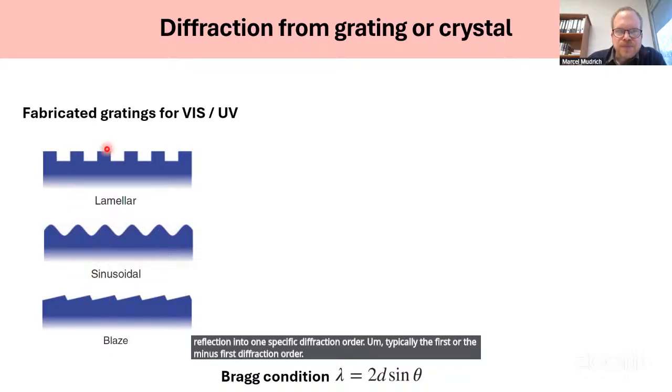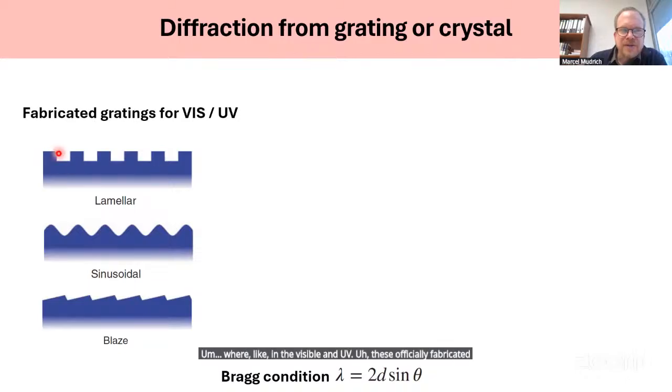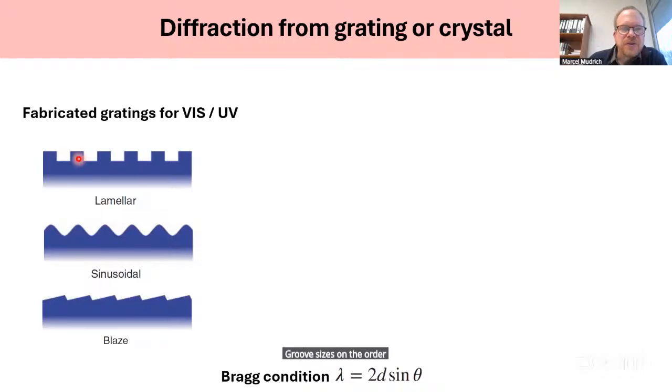But where, like in the visible and UV, these artificially fabricated gratings have groove sizes on the order of a few hundred nanometers, right? Has to be on the order of the wavelength.